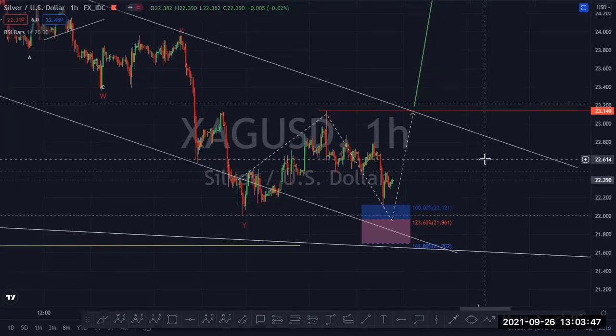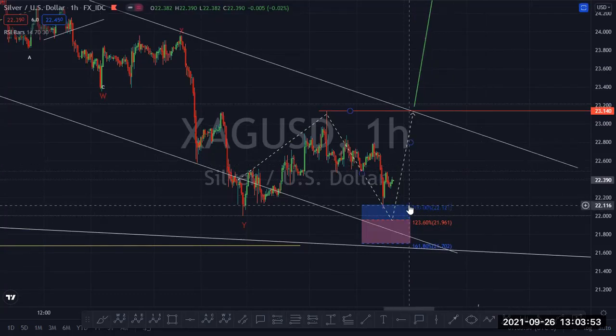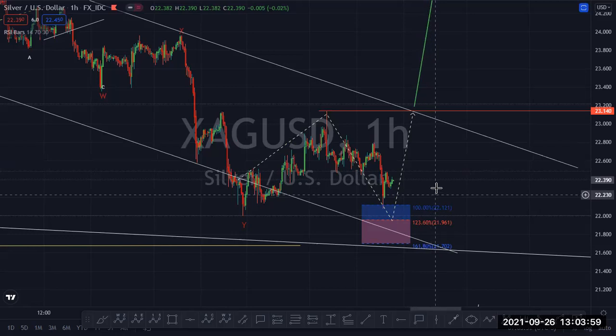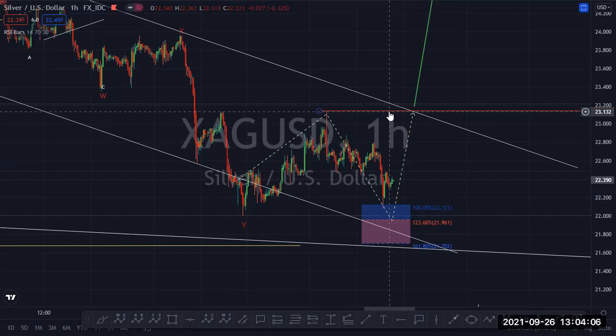On 1 hour, I don't have much. The silver is not as complex as gold. So silver might have started to buy. Okay, but here is the confirmation level, the base confirmation level.